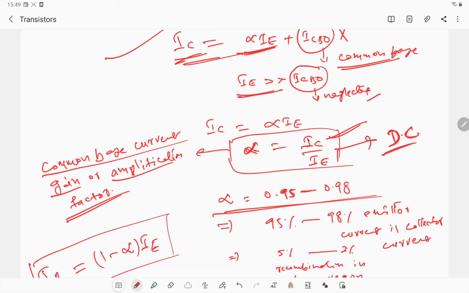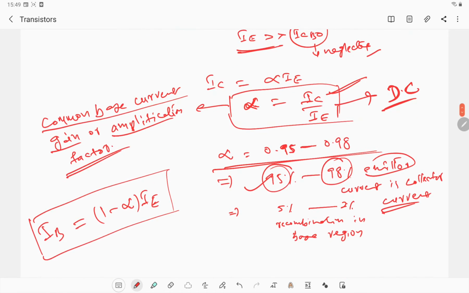This is less than 1, meaning 95% to 98% of the emitter current is collector current. Only 2% to 5% of the charge carriers are recombined in the base region.